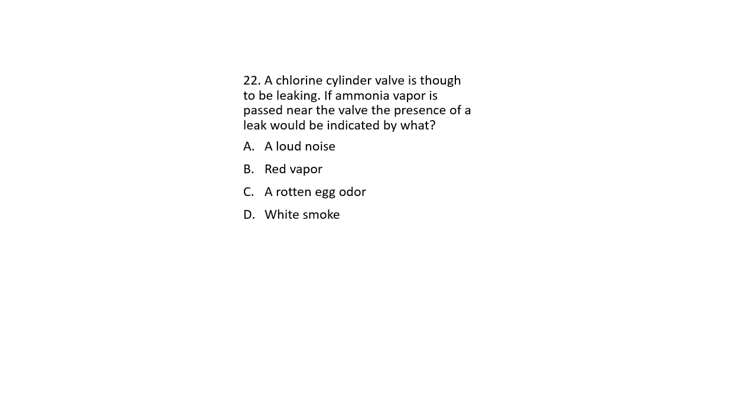If ammonia vapor is passed near the valve, the presence of a leak would be indicated by what? A loud noise, red vapor, rotten egg odor, smoke? D, white smoke. And there's plenty of videos on YouTube. Pull up chlorine safety and see this.